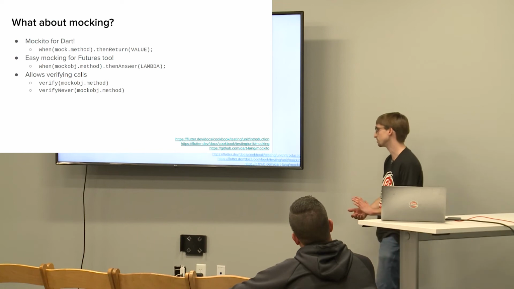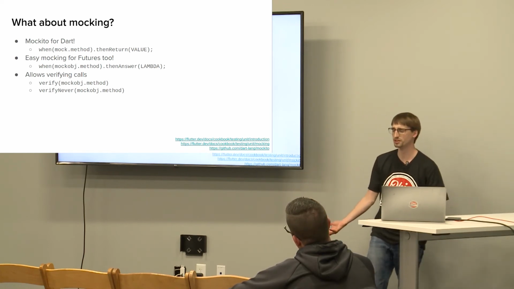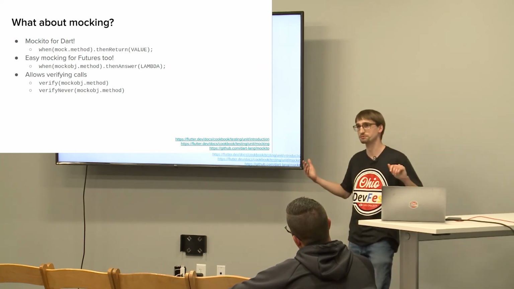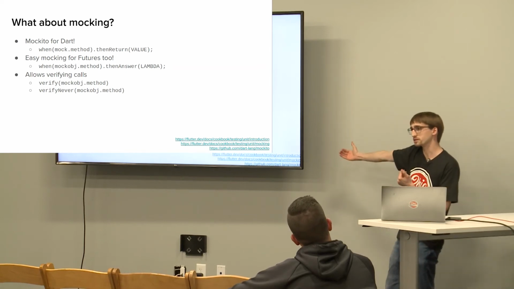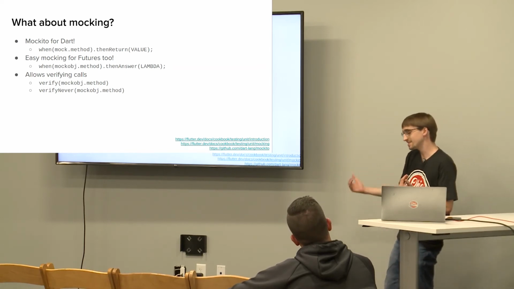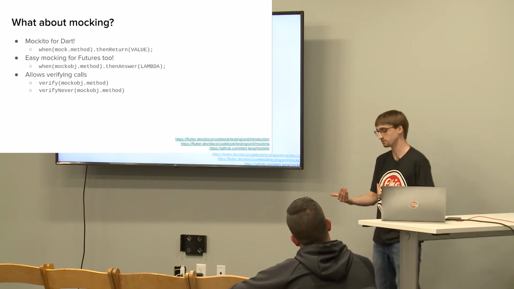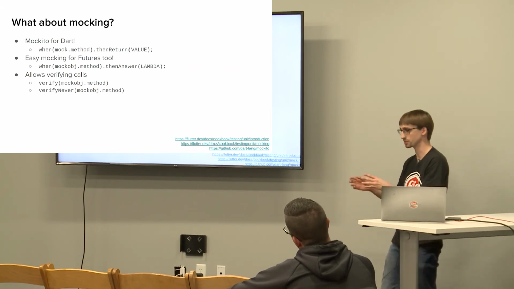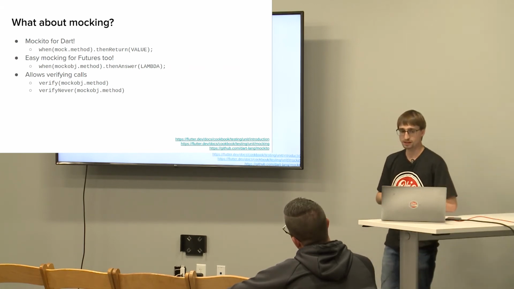OK, so if you've used TDD before, another situation that you might run into is needing to mock an object. You might need to mock an object if you have some external dependency, some external class that is technically needed to run your test. Your test depends on it, but you really don't care so much what happens behind the scenes with that object. You really just need it to be there and maybe provide a little bit of information.